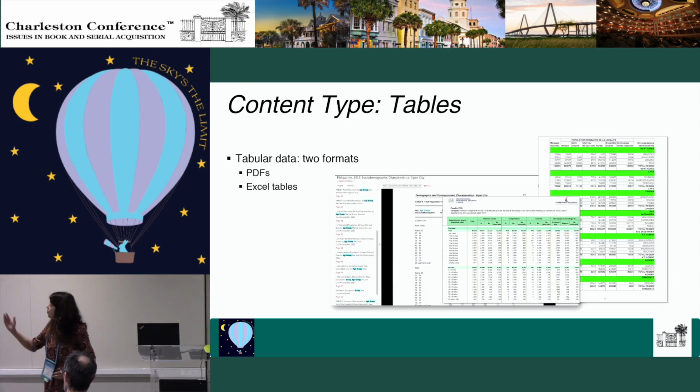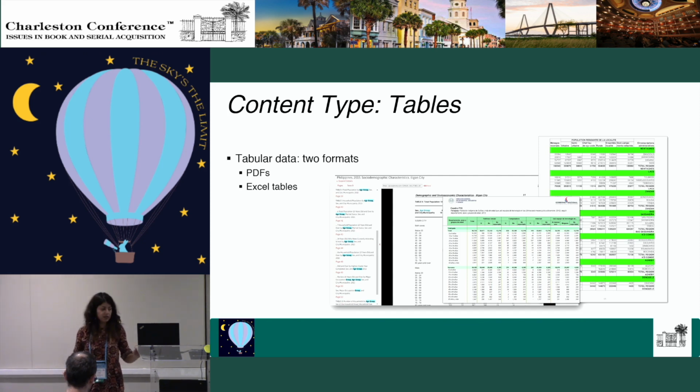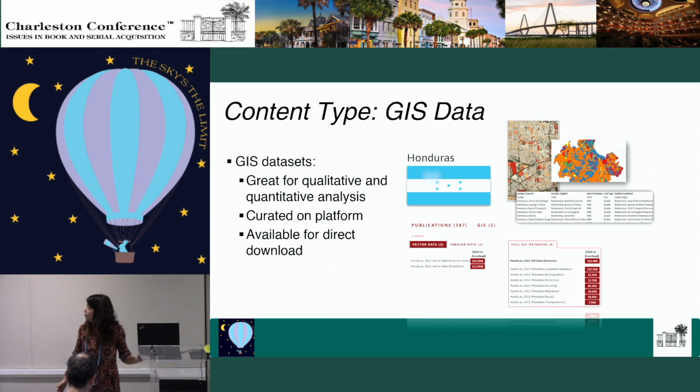If the country publishes Excel tables, we also have those on our website as Excel tables. We don't create the Excel tables, but they're available. So students can use them, if it's Excel format, to manipulate, or if they're taking a statistics class or social sciences class, it could be a good source.